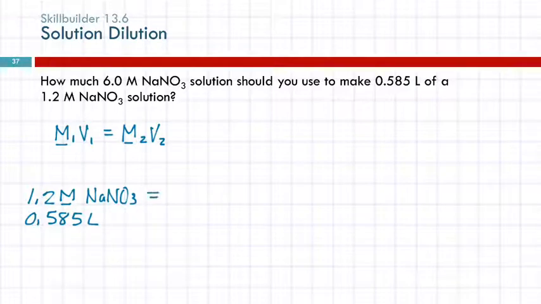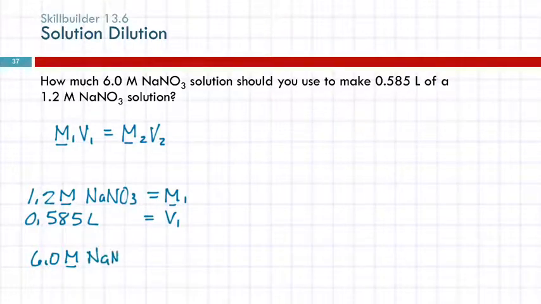So this is going to be molarity 1, and this is going to be volume 1. Just identify them. And then we have 6.0 molar, and that's also sodium nitrate. That's a molarity, so we'll call that molarity 2. And then we don't know how much of that, that's going to be volume 2.